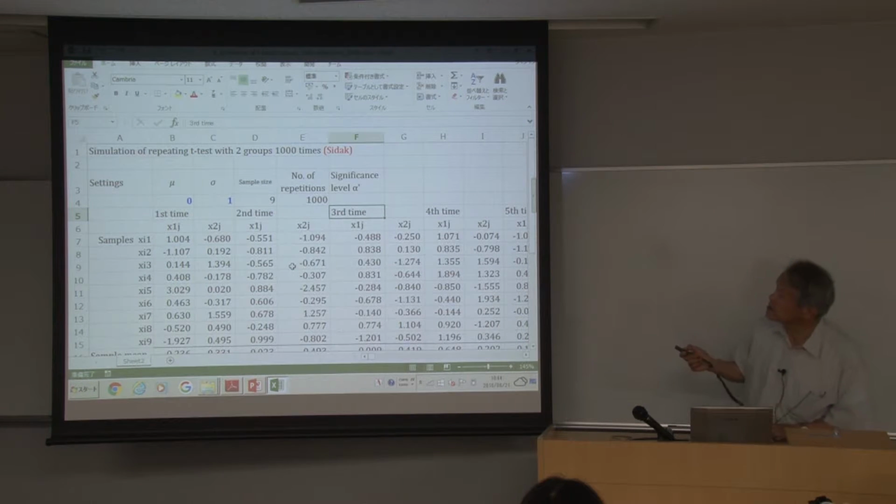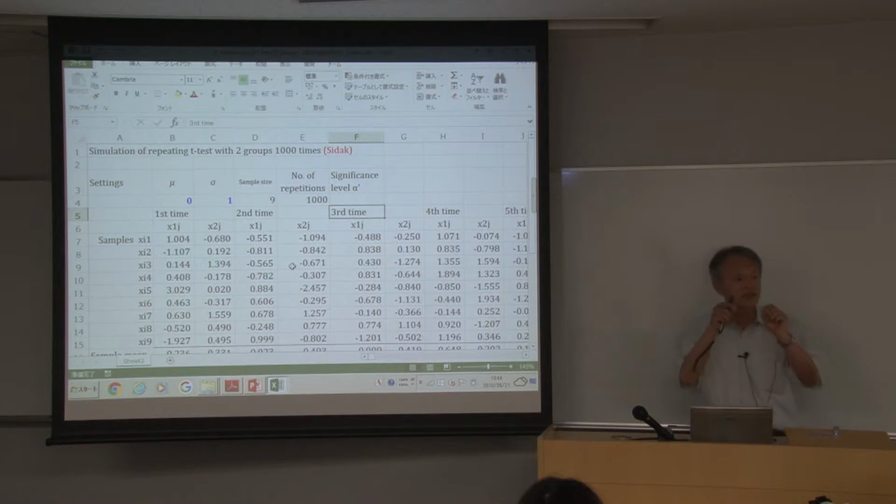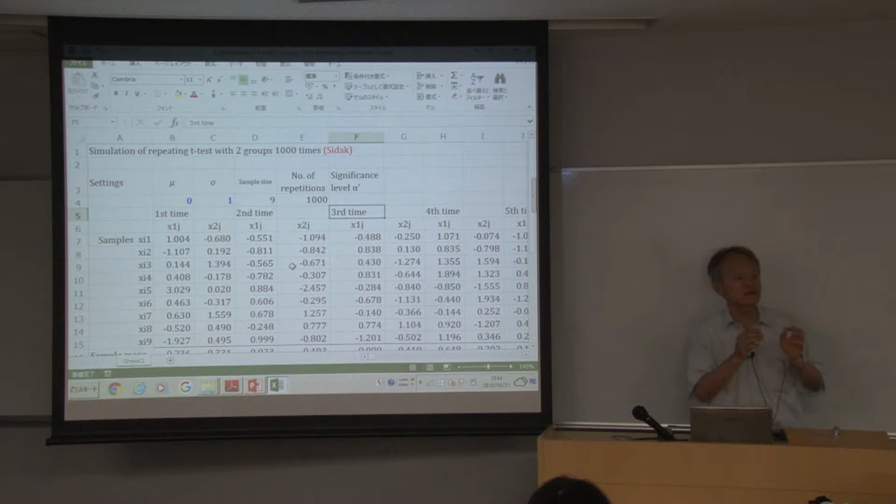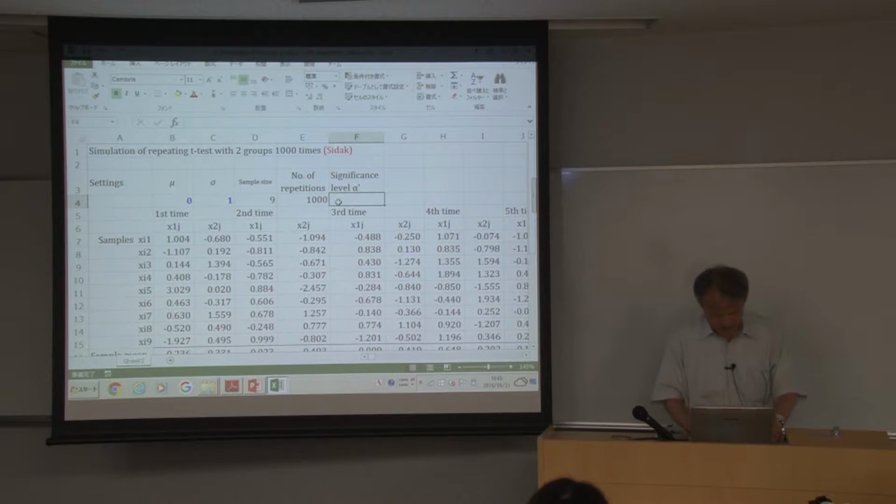In this file, this cell is made vacant, so you can input the equation, that's the correction, into this file. Then you'll see that FWER is kept equal to 0.05. In order to input the equation here, double-click this cell and write the equation this way.